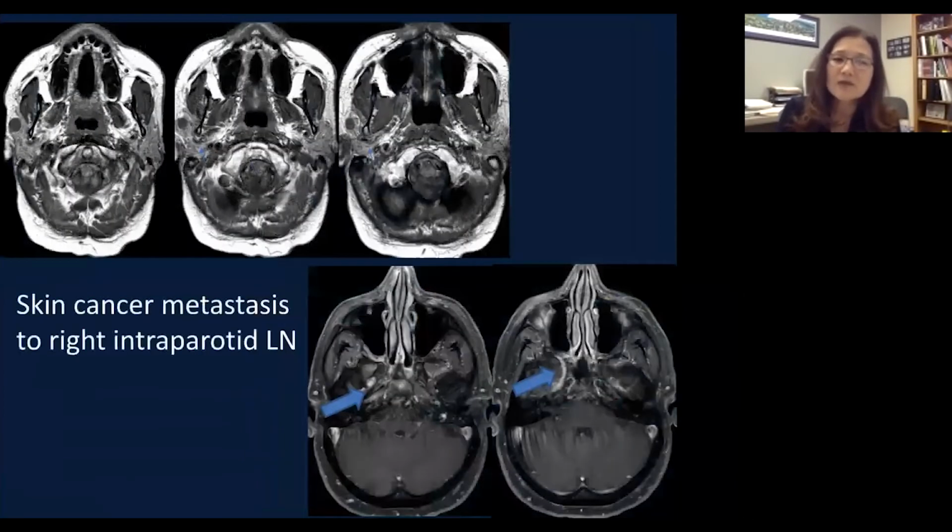This patient had a squamous cell carcinoma of the skin that metastasized to the intraparotid lymph node. Notice there's an enlargement of the intraparotid lymph node with, again, the same findings, a little linear tubular lesion posterior to the mandible, and then this is the spine. When you see something tubular like this extending from the parotid gland to the medial portion, it is indicative of auriculotemporal nerve spread.